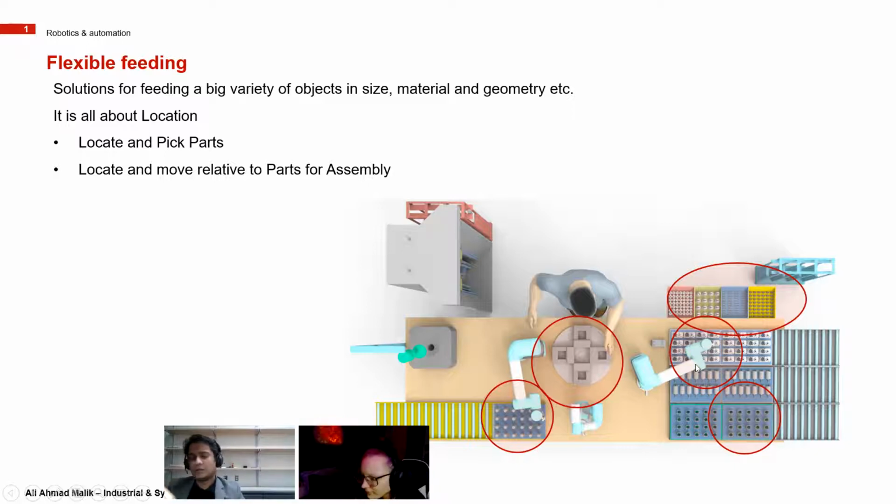And the robot adapts its gripper fingers according to the location and orientation of components. It is all about location: locate and pick parts, locate and move relative to parts for assembly.